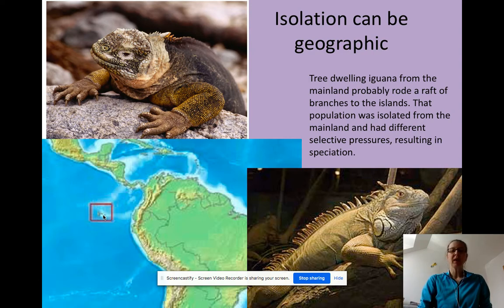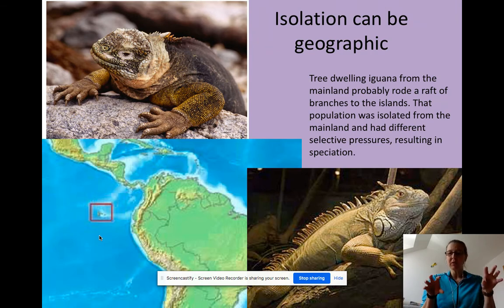Now, the Galapagos Islands are a whole different landscape. It doesn't have all these tall tropical trees and all the different fruits that iguanas would normally eat. But there is a lot of algae in the ocean that they could get to, that started causing a different selective pressure over time.